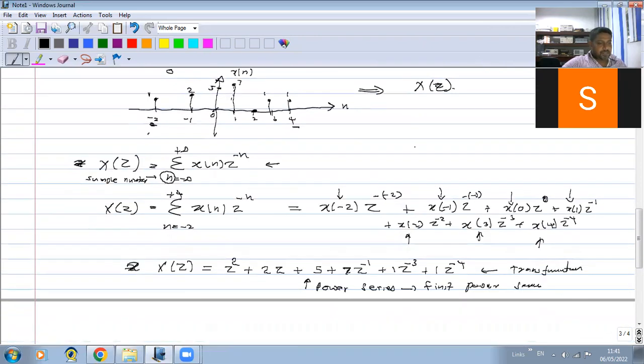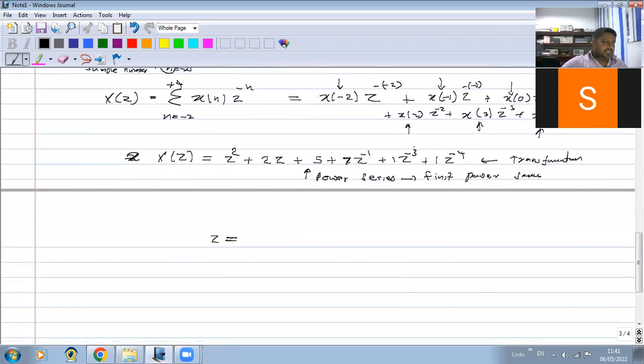So this is a complex variable. We can denote this complex variable like this. This is what we call the Cartesian representation of a complex number.